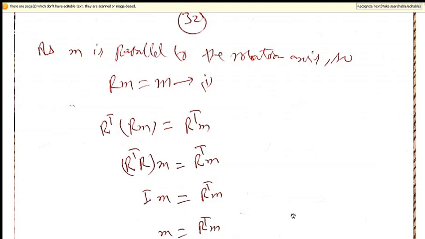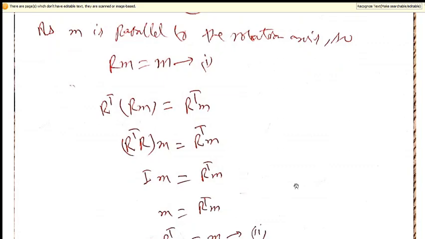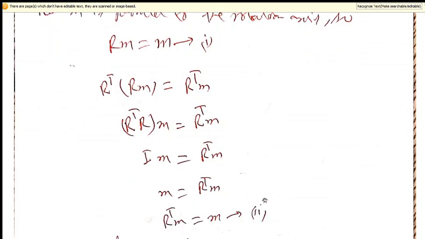IM equals R^T M, then IM will be M, so R^T M will be M. So from equation number 2 you can see that R transpose M equals M, and from equation number 1 you can see that RM equals M.